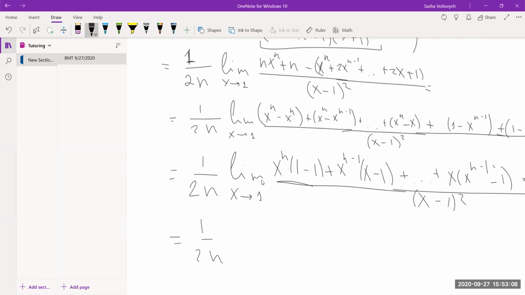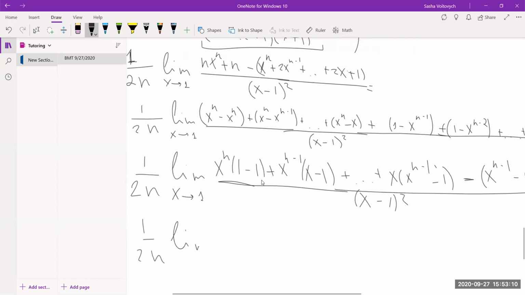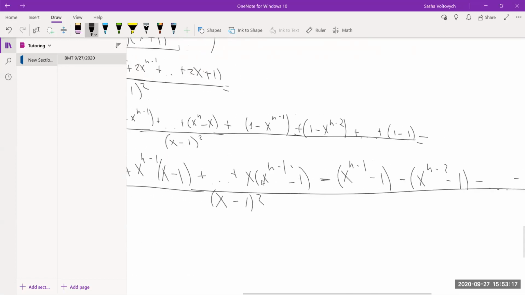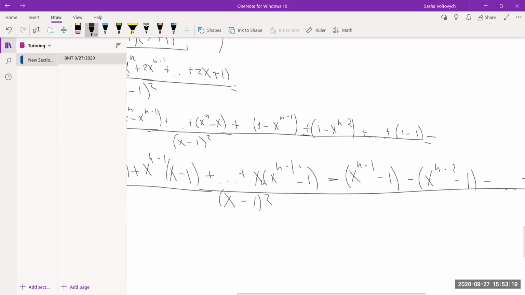So 1 over 2n, we group terms from the first part with the terms in the second part involving the same expression. So for example, we group these together.